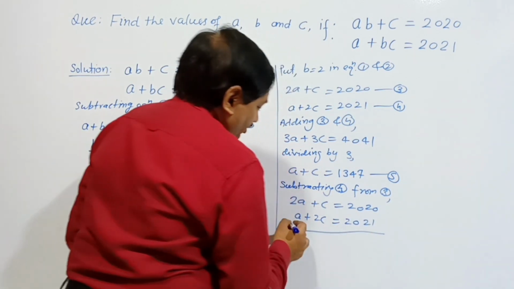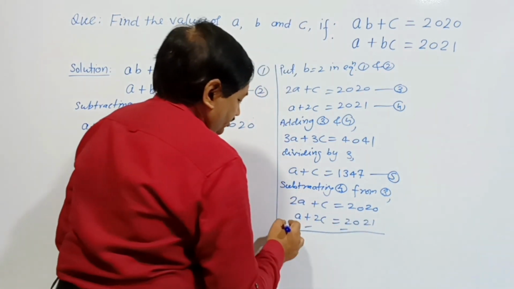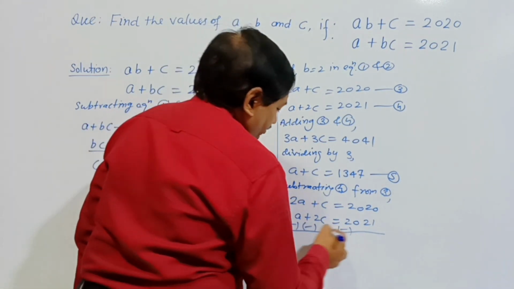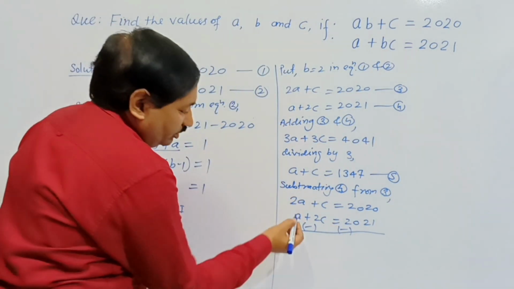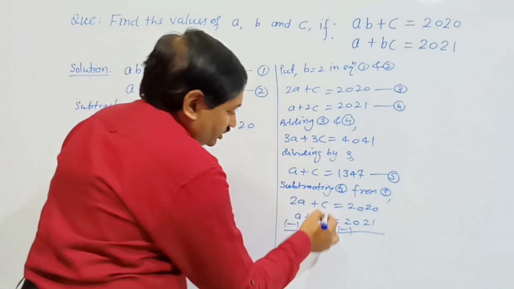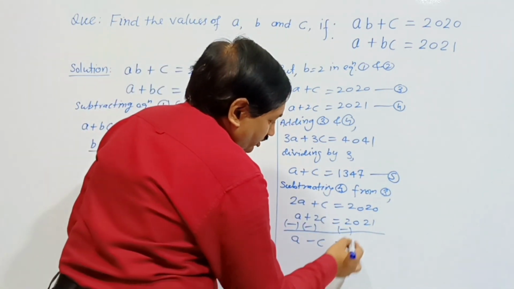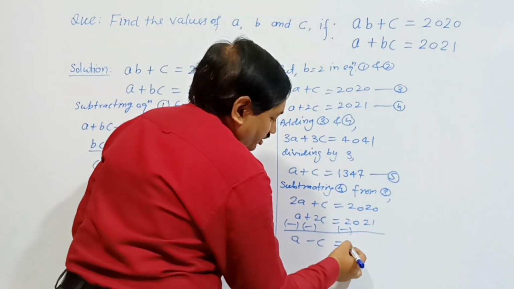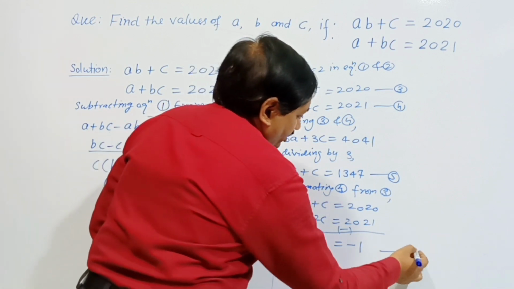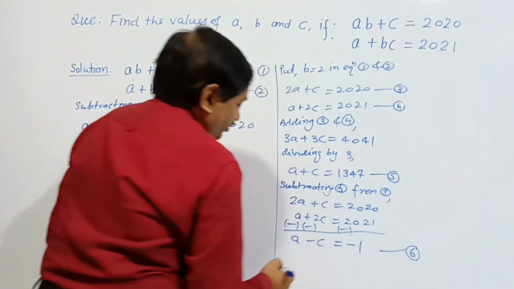Subtracting, we change the sign. Now 2A minus A is A, C minus 2C is minus C, equal to 2020 minus 2021, which is minus 1. Let it be equation number 6.